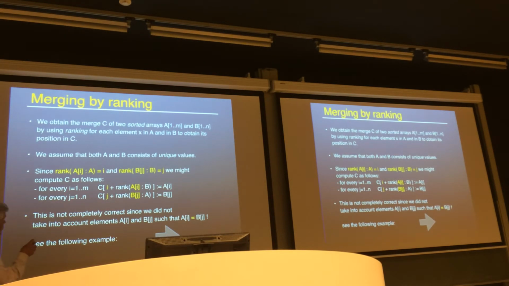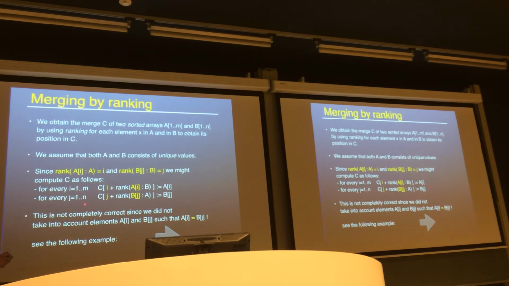A and B are both sorted. So, if you would like to determine the position of A_i in C, then what you have to do is consider its index position in A, that's equal to i, and then determine the rank of A_i in B, that is the largest index in B. So, at position i plus the rank of A_i in B, you should fill in A_i.